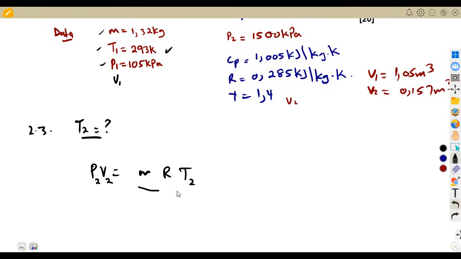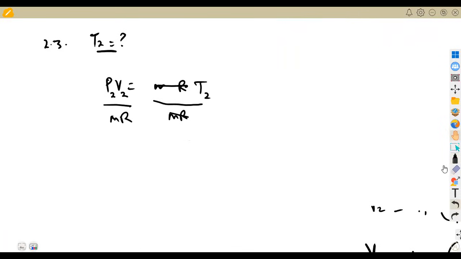To find T2, we simply divide by MR, so this will cancel. That means the delivery temperature, I mean the final temperature T2, is given as P2 V2 over MR. All right, so that's it.